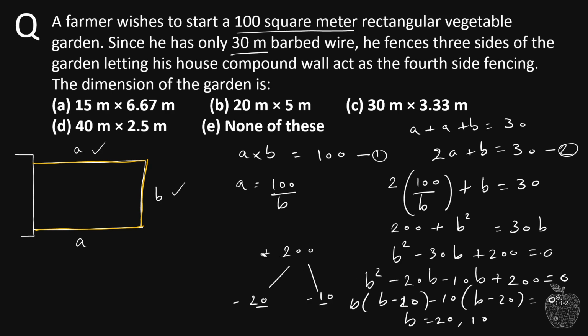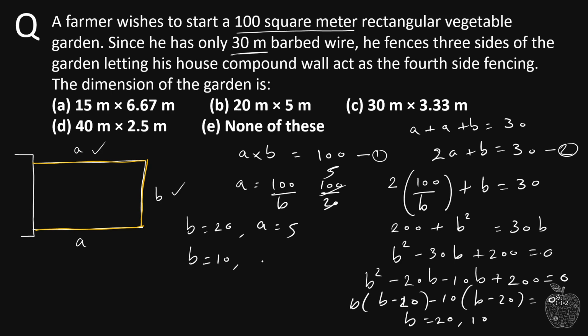Let's substitute the value of B in equation 1. When we substitute B as 20, we get A as 5, and when we substitute B as 10, we get A as 100 by 10, which is 10.